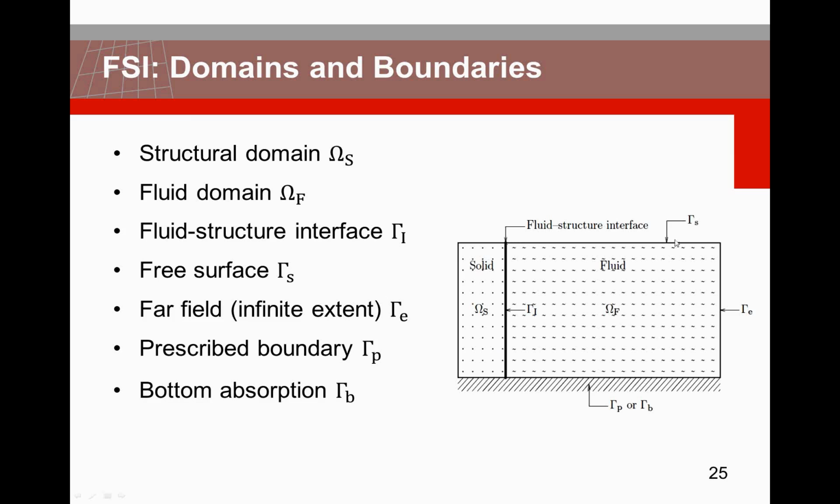Then you have a free surface, the fluid top level, that is indicated with Gamma_s. Then in the fluid we also have to take account of the far field, the infinite extent, sometimes called for the fluid part Gamma_E. And at the bottom there can be a prescribed pressure boundary, Gamma_P, or there can be a bottom absorption effect with Gamma_B.